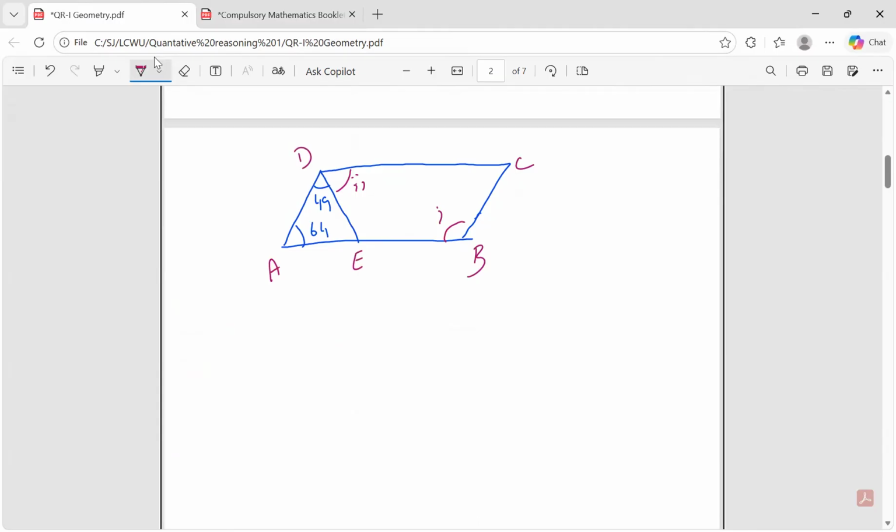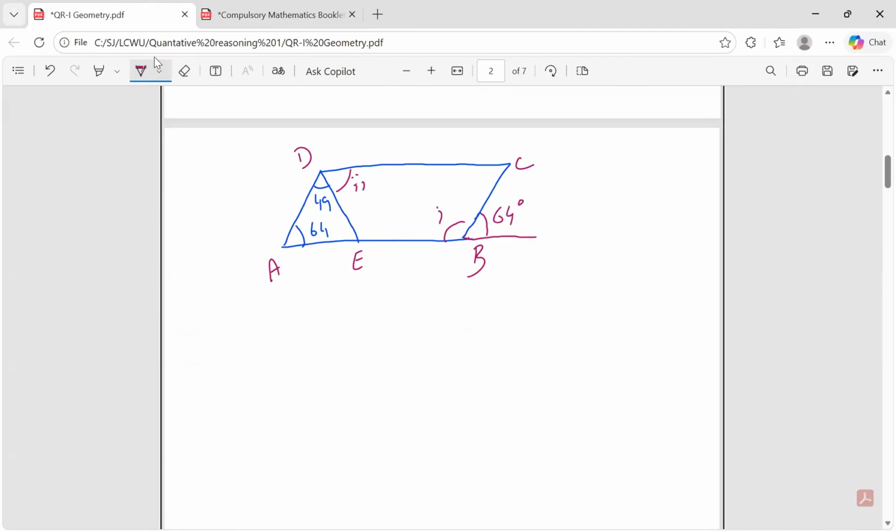Okay, for the first part, in the first case, since this angle is 64 degrees, and these two sides are parallel, if you extend it, this angle will be the corresponding angle of this 64, therefore this angle is 64 degrees.